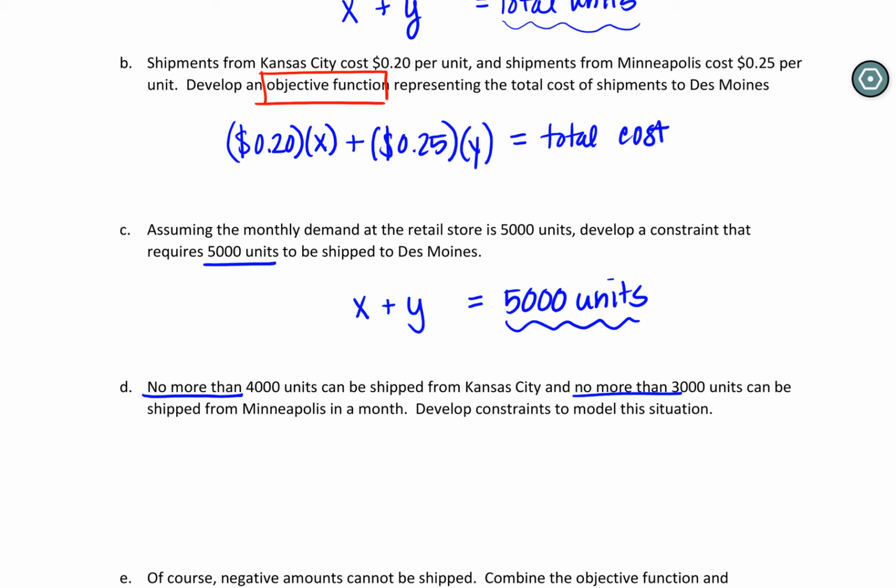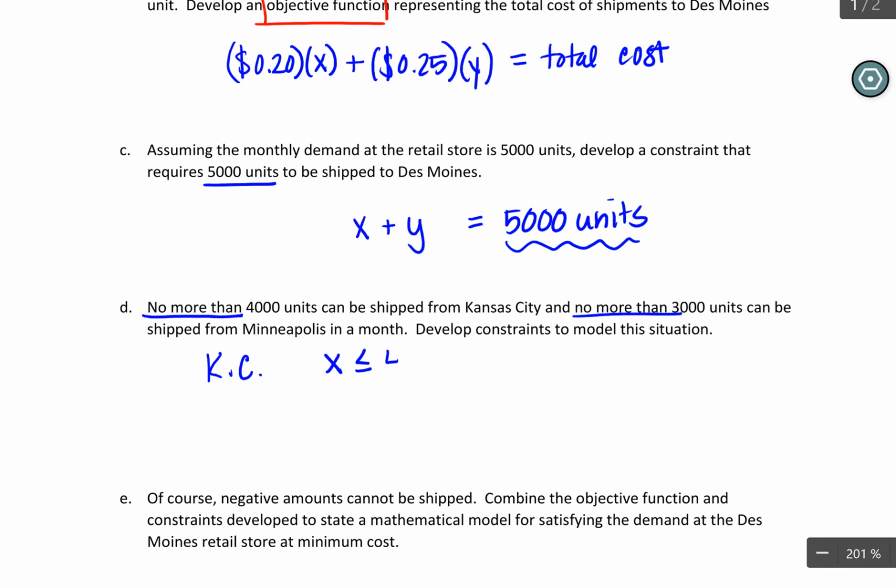So first let's look at Kansas City. Kansas City, we know, is our x variable. So x, or whatever we get from Kansas City, has to be less than or equal to 4,000. Then similarly, if we look at Minneapolis, that is our y variable.